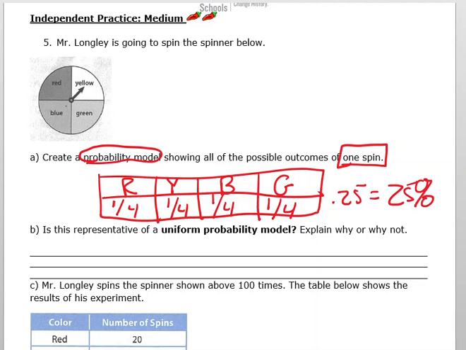And now my question is, is this representative of a uniform probability model? So take a moment and think about that. And your answer that I hope that you got is yes, because each outcome is equally likely.